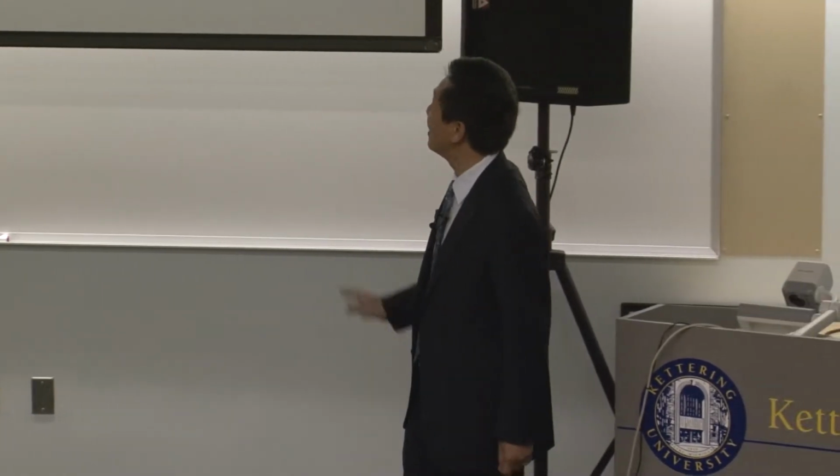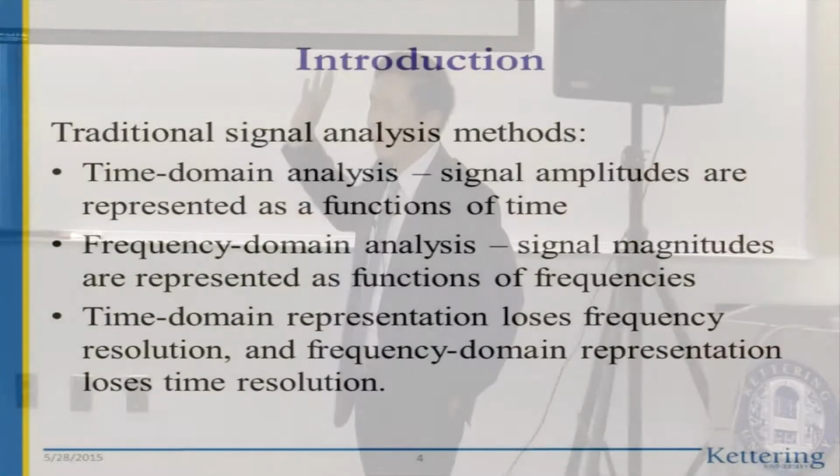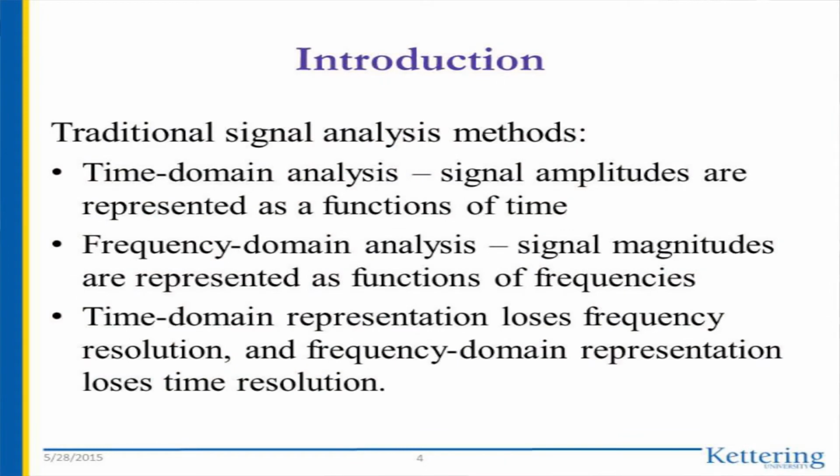So the traditional signal analysis methods include mainly the time domain analysis and the frequency domain analysis. The time domain analysis basically is what we're used to: there's a signal at a certain time, what is the amplitude? And then you can calculate the associated characteristics, energy, power, and so forth.